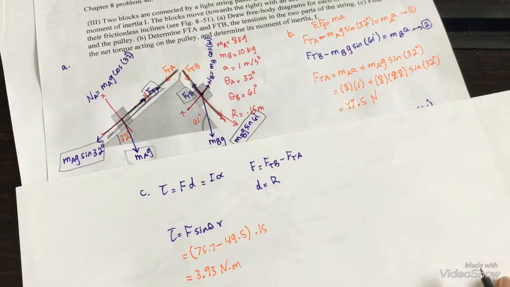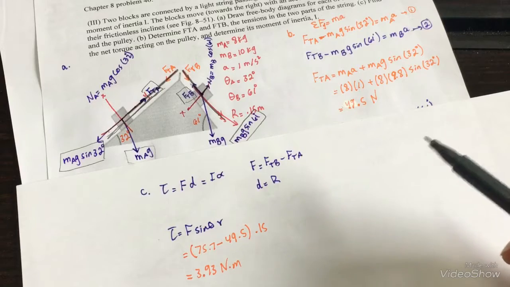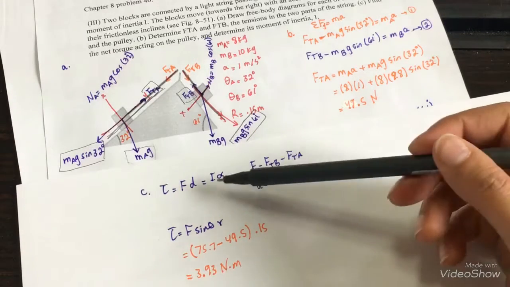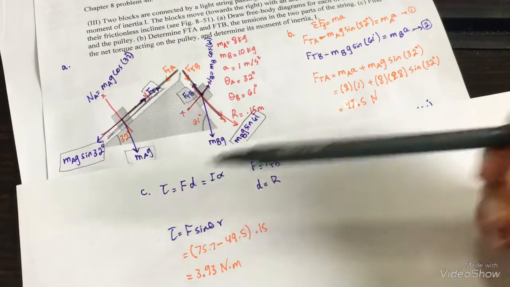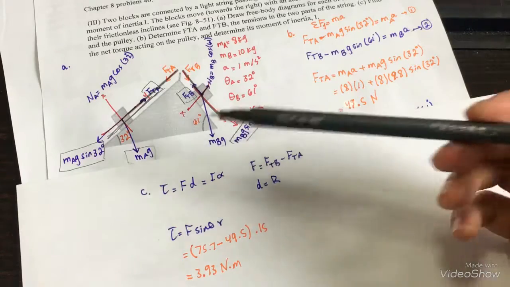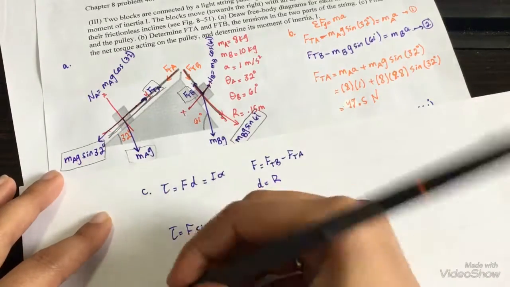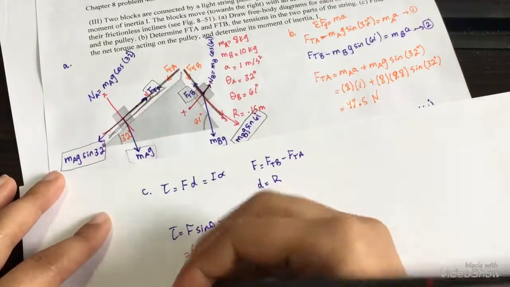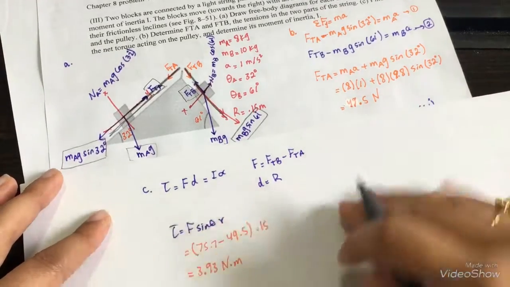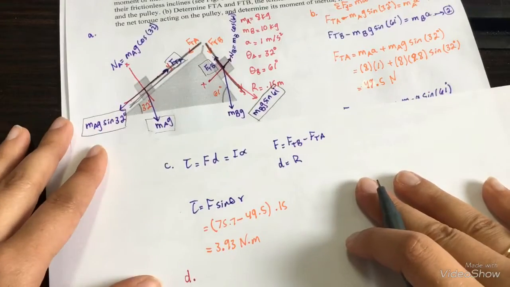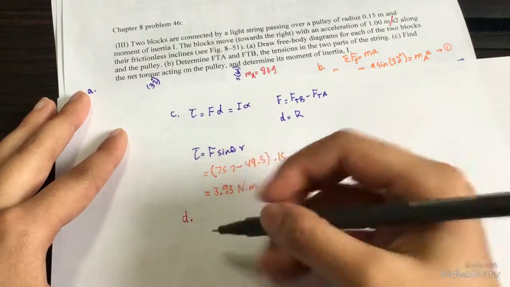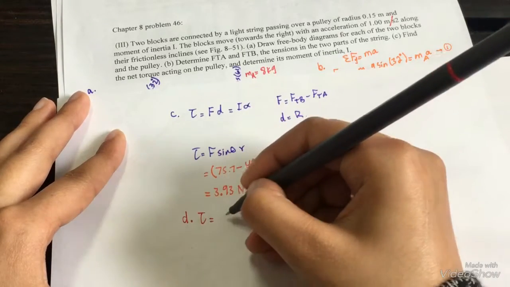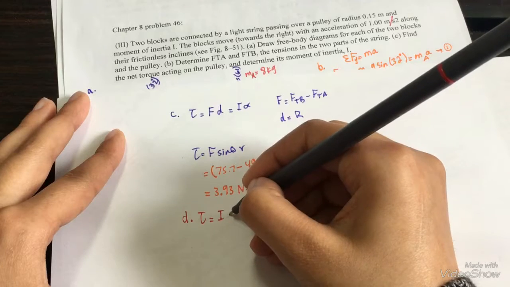And now the last thing we need to find is the inertia. Using the net torque from this step, we can find the inertia. Torque equals inertia times alpha.